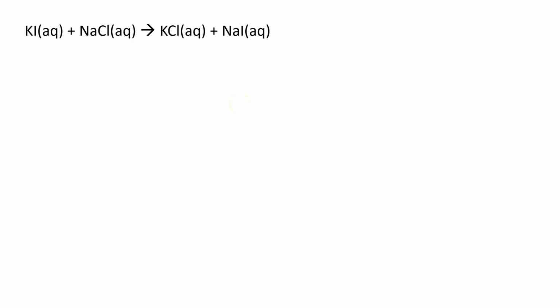KI, NaCl, KCl, NaI. All of these are soluble salts, so they will all dissociate. I have K plus, I minus, Na plus, Cl minus yields K plus, Cl minus, Na plus, I minus.